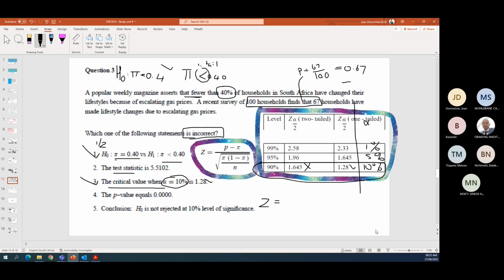So let's work it out. And we divide it by, feels like nearly the same set of numbers that we used for the previous one. Okay, so at the top we have 0.07.